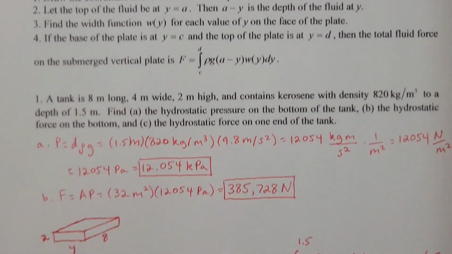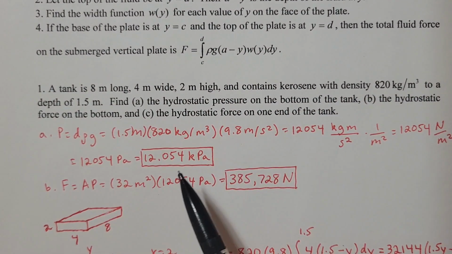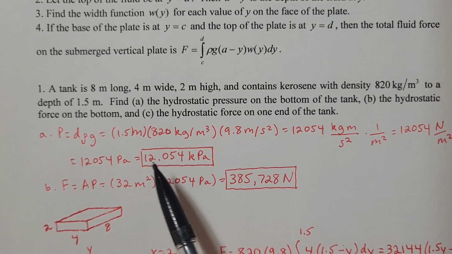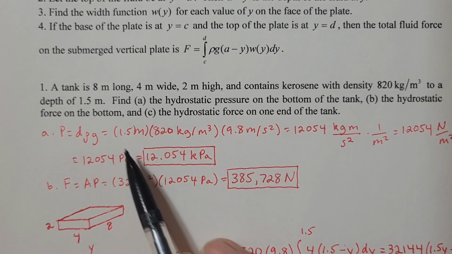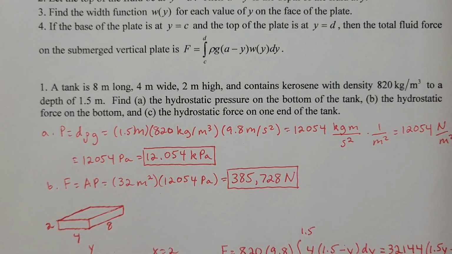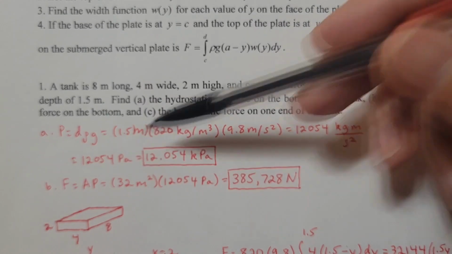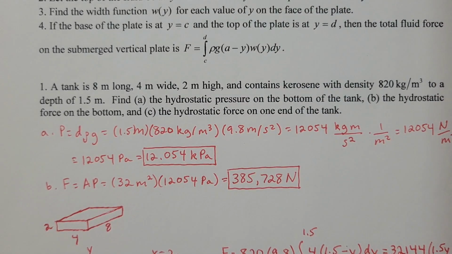That's kind of a small measurement, so the kilopascal is used in place of this. Although for this problem, I wouldn't care if you had this as the answer as well. If you divide 12,054 by 1,000, you get 12.054 kilopascals. And that'd be the answer to part A.